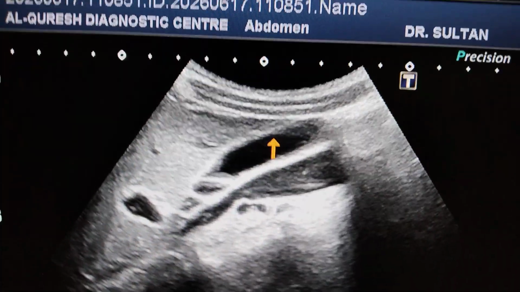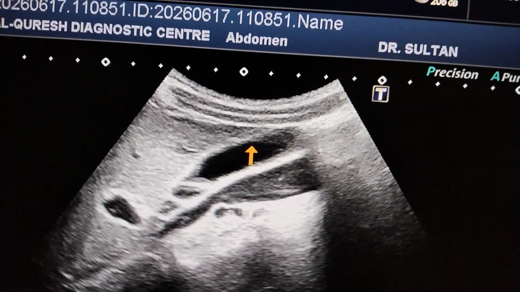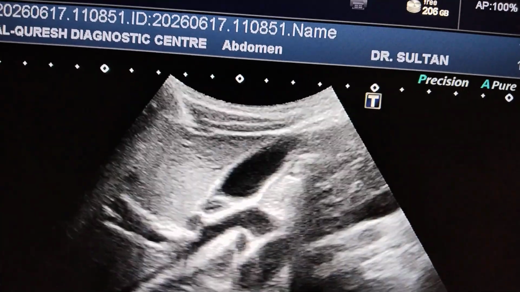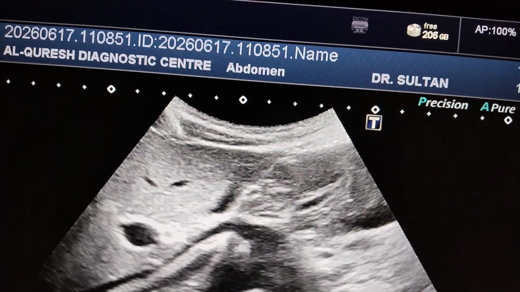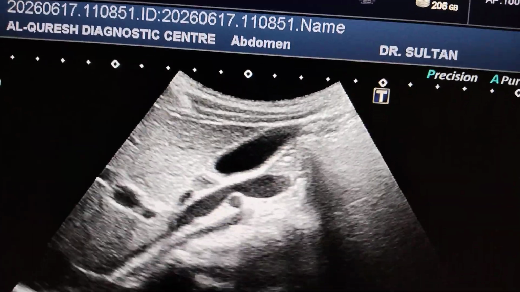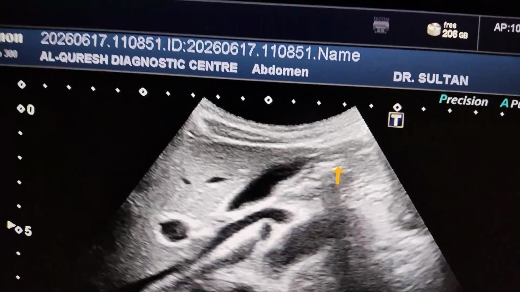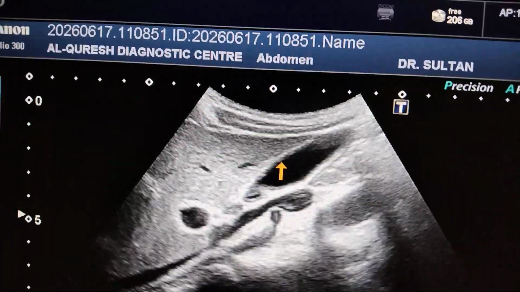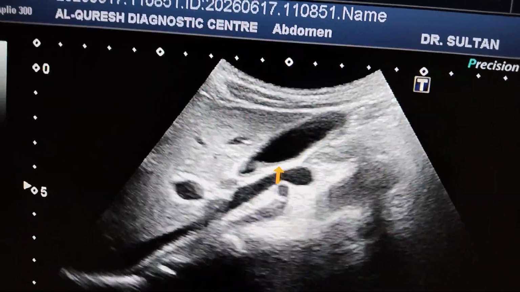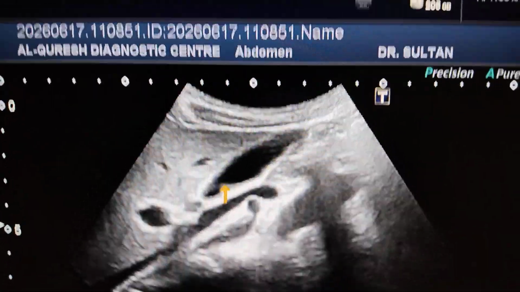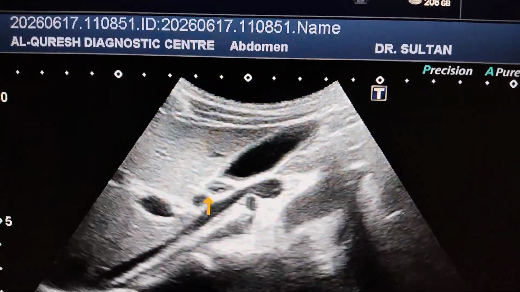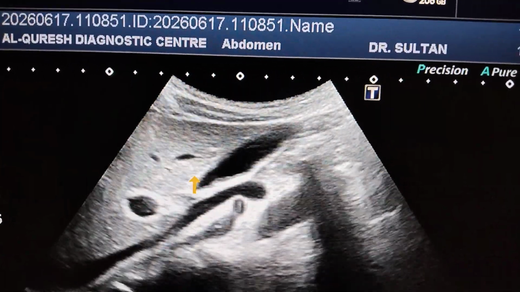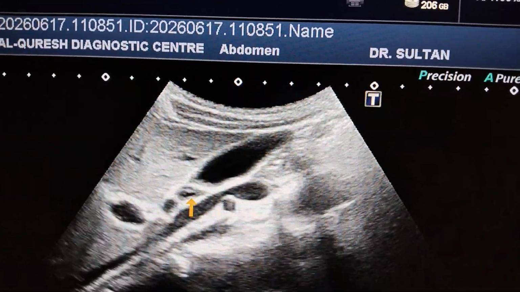So when we ask the patient to have a decubitus position, we should also look at the neck of the gallbladder. This is the gallbladder, and here this is the body, the ending of the body, and then the neck of the gallbladder starts from here.